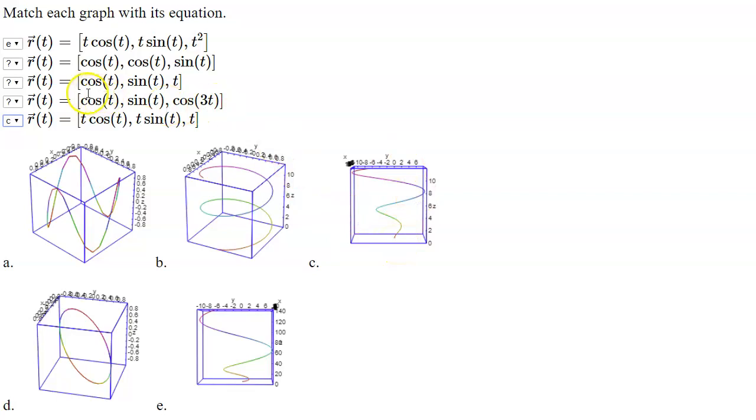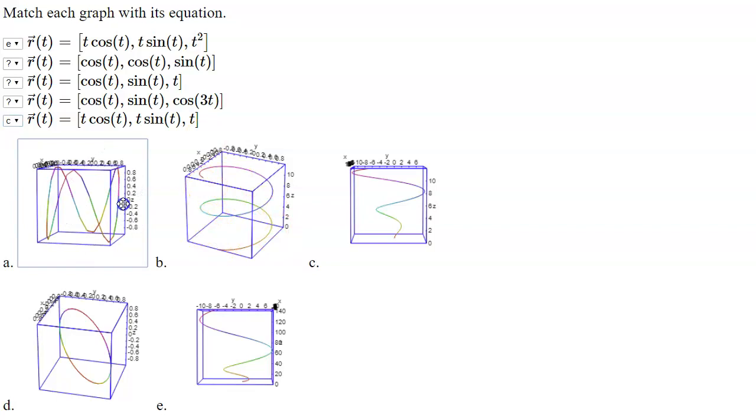Now, if we look at the remaining three equations, in the middle one here, I notice that again we have a t in the z component, which means the z value is going to just steadily increase as t goes on. Here, it looks like my z value is going up and down.